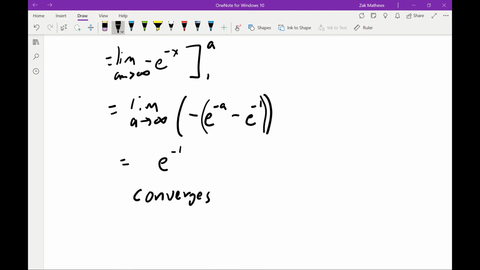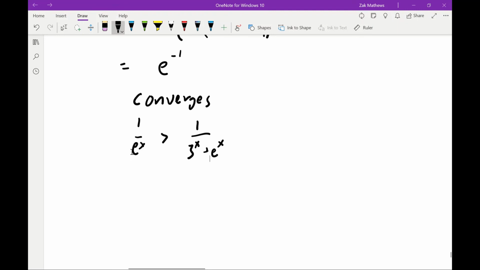And remember, we said that this function 1 over e to the x was larger than 1 over 3 to the x plus e to the x. And so because the larger piece is converging, the smaller piece must be converging as well.